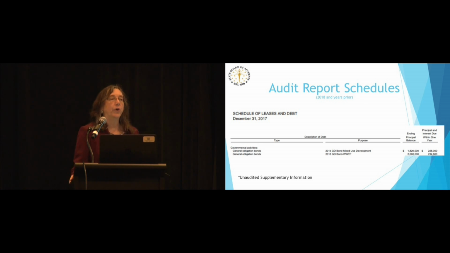When you go to your independent auditor's report, which we talked about several times over the last 2 days, it would say, our audit was conducted for the purpose of forming an opinion on the county's financial statement. The combining schedule of receipts, disbursements, and cash and investment balances under the regulatory basis, the schedule of payables and receivables, the schedule of leases and debt, and the schedule of capital assets as listed in the table of contents are presented for additional analysis and are not required parts of the financial statement.